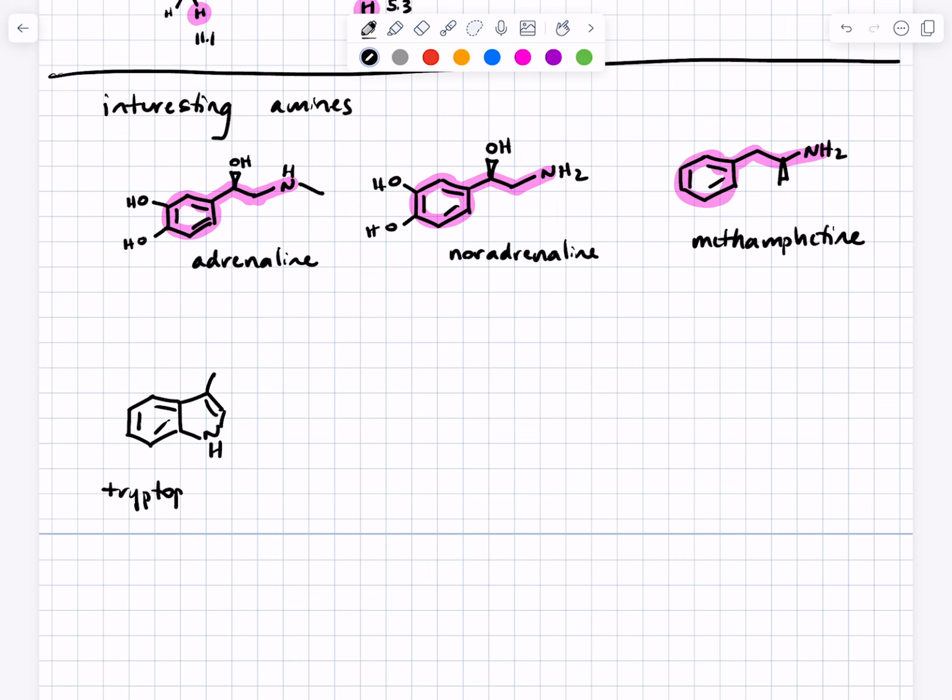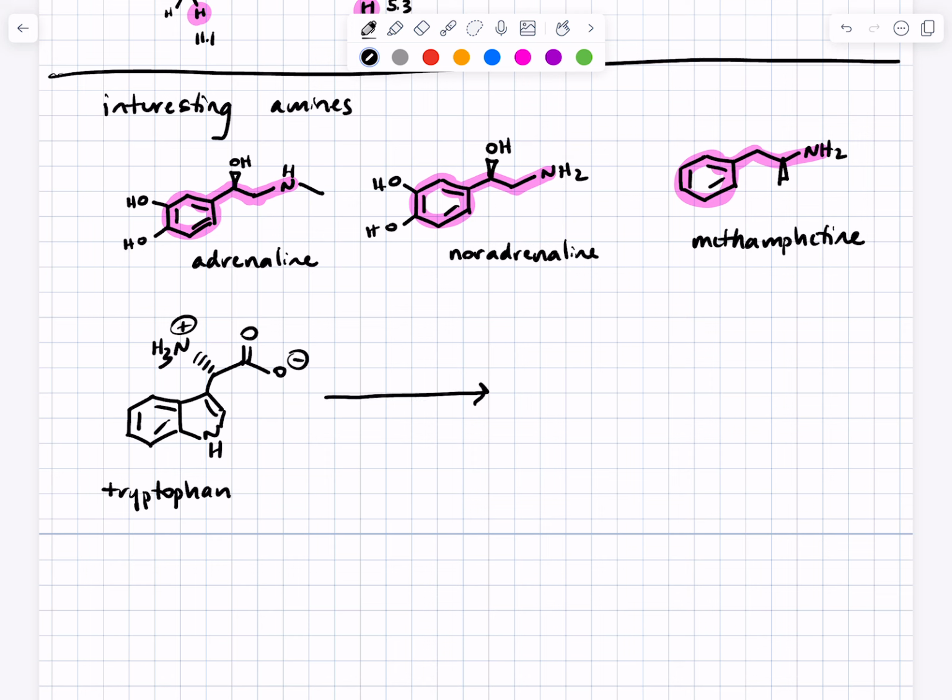The side chain with the 2 rings on tryptophan is called an indole ring. I'm worried I'm going to get that wrong. So this is the amino acid tryptophan.